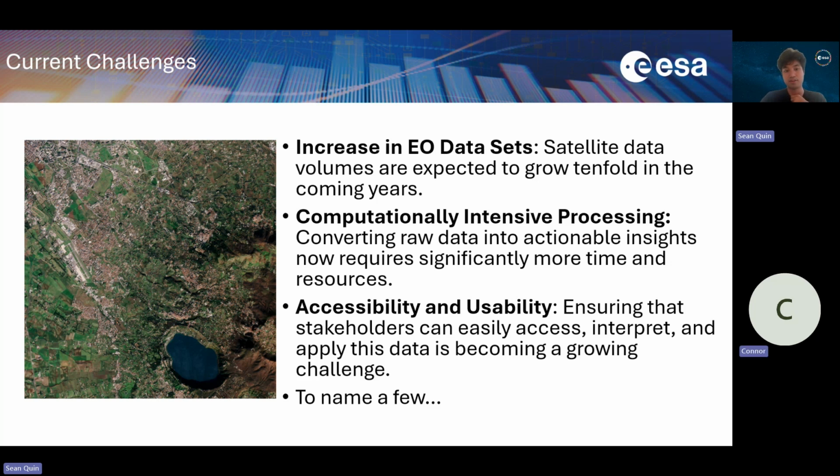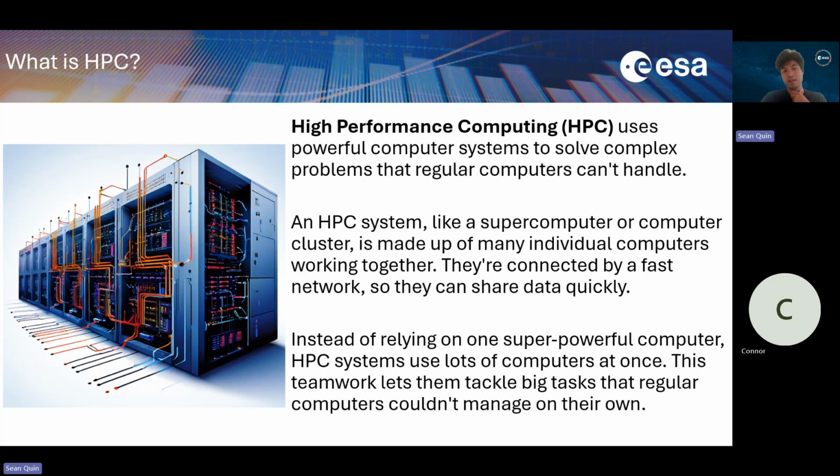So for those who are unaware of the technology, high performance computing, or HPC, is the use of very powerful computer systems to solve complex problems that your regular day-to-day system may not be able to handle.